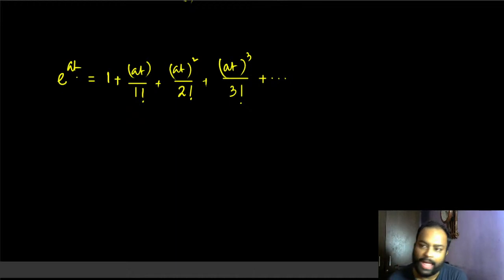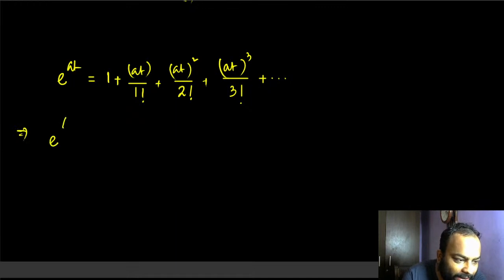And you already know that. That's not a difficult thing to understand. Now, it can be shown that e to the power At also satisfies the same relationship, except that instead of 1, it will be I, the corresponding identity matrix.